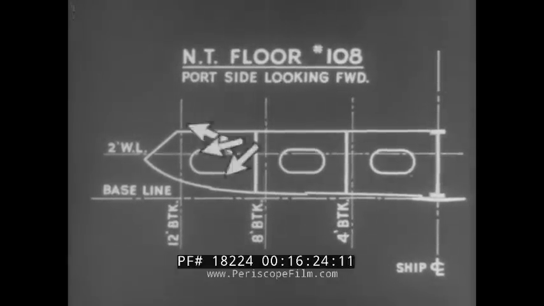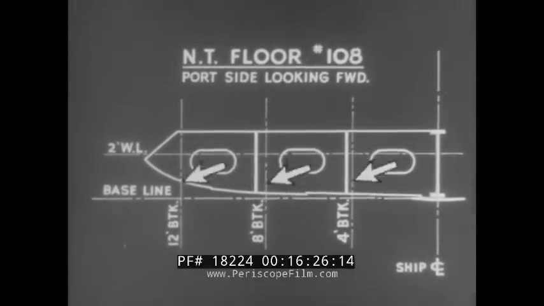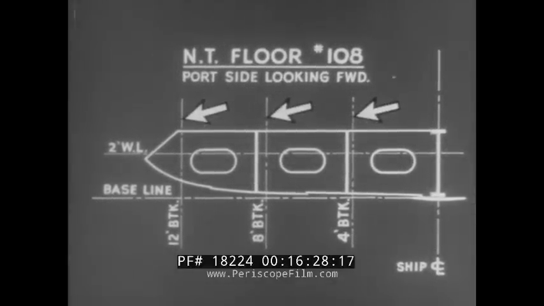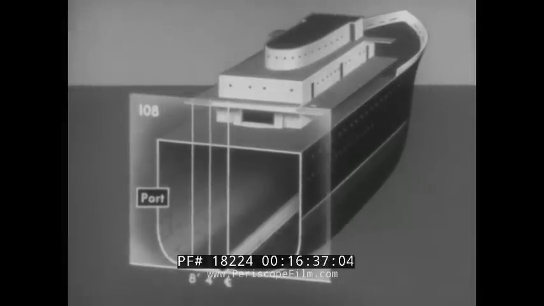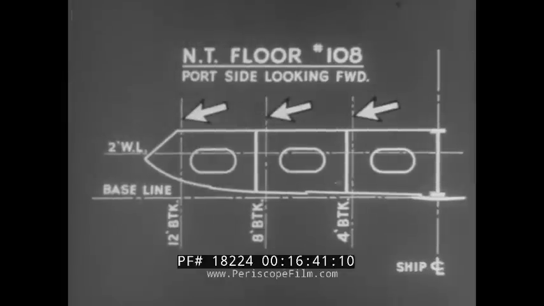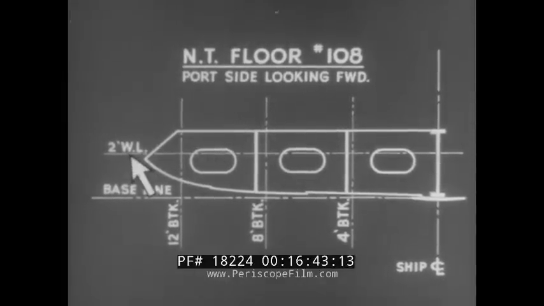Our next clue is provided by these buttock lines. We know that buttock lines are measured outboard from the center line. Our final clue is this 2-foot waterline.